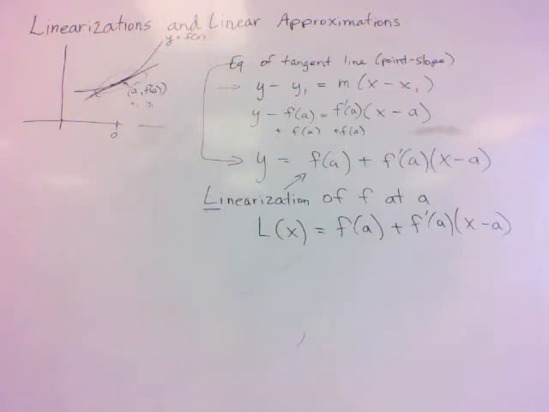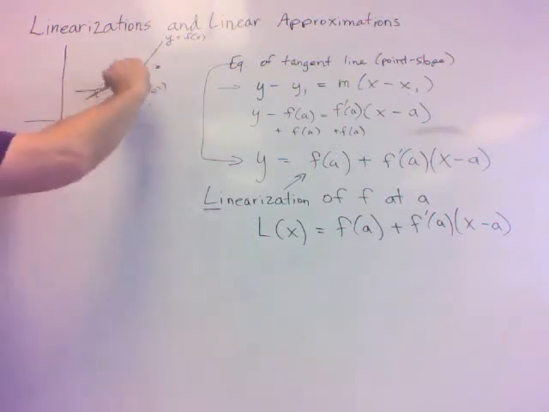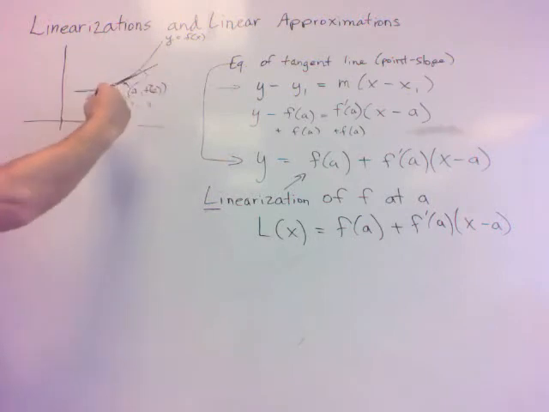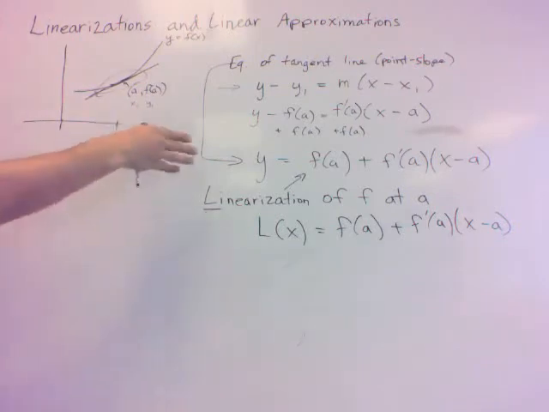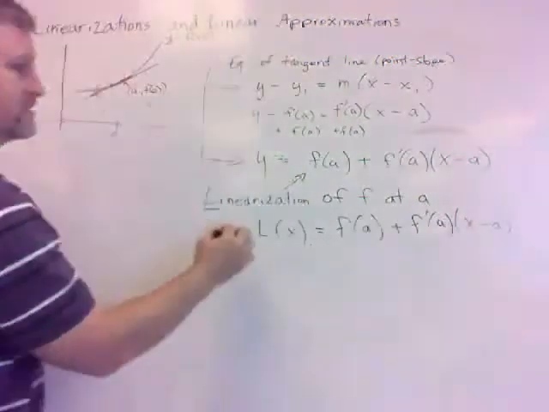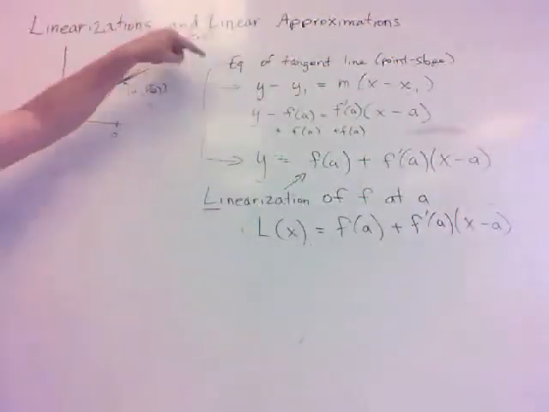In other words, the tangent line around a closely resembles the function value at a. Even though f is a curved thing, around a, if we find that tangent line at x equals a, the tangent line approximates the actual function. No matter what shape or size, that's always true about the tangent line. So this approximates linearly anyway the function at a.